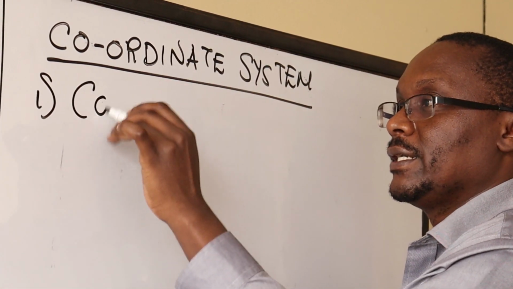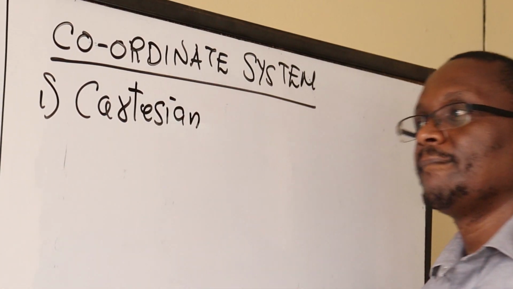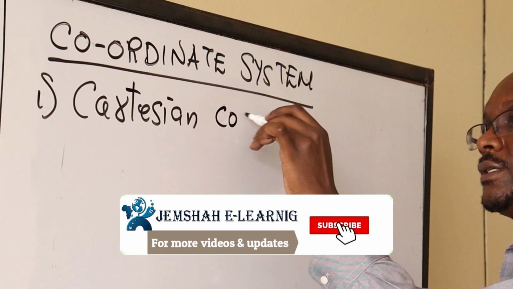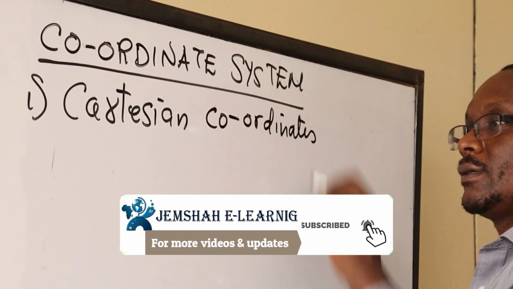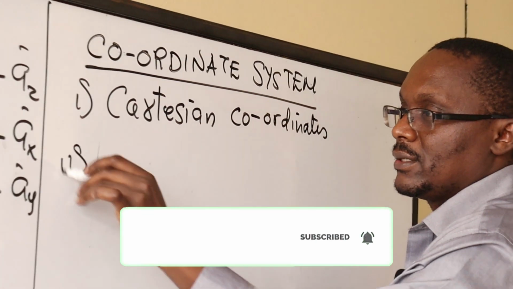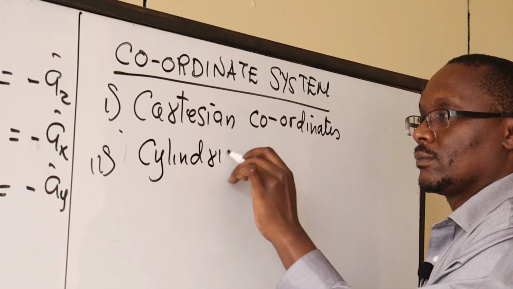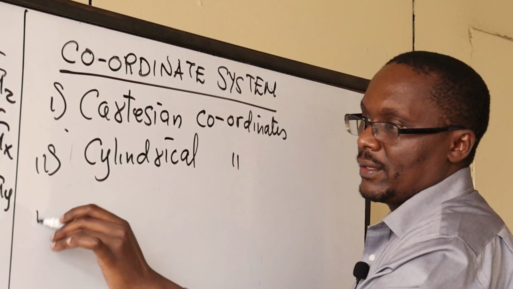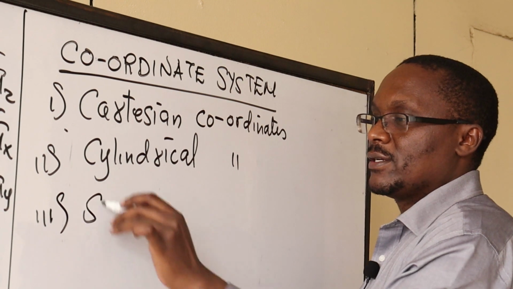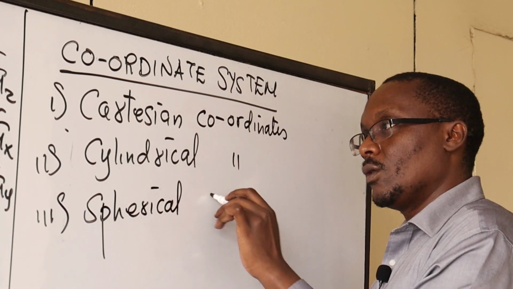In electromagnetic field theory, we have three coordinate systems. We've said Cartesian, which is common even from your vector analysis in second year. Then we have cylindrical coordinates, and thirdly, we have spherical coordinates.